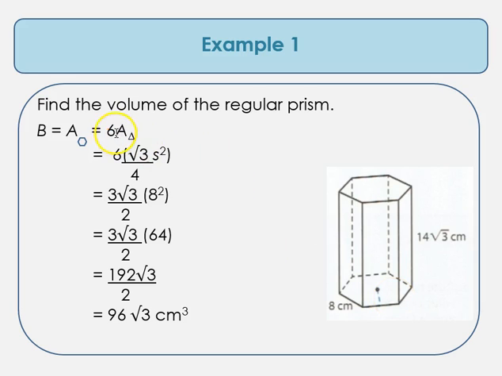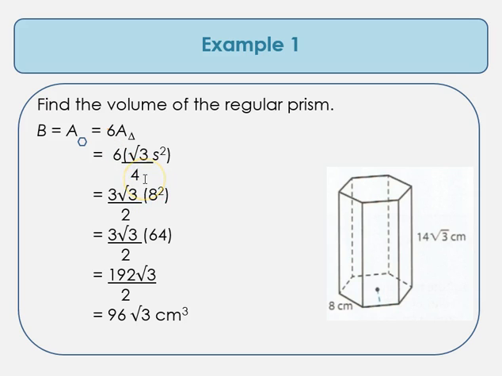So the area of that triangle is square root of 3 over 4 times the side squared. That is the area of an equilateral triangle, and there will be 6 triangles in that hexagonal base. It is only with this hexagonal base that we do this.